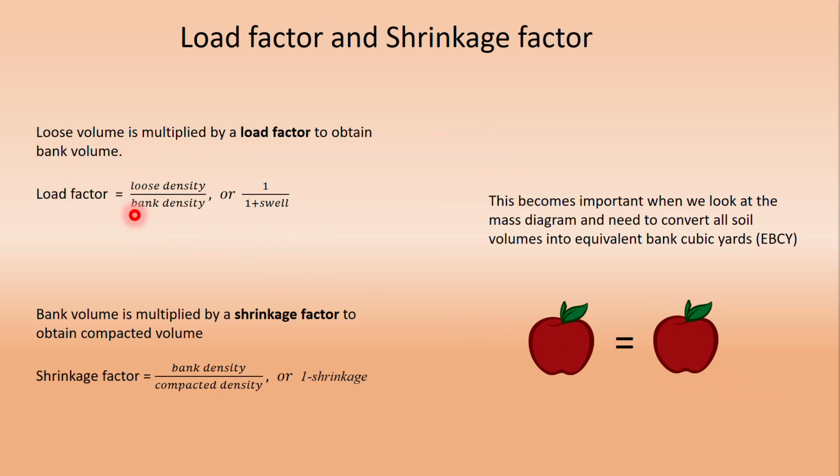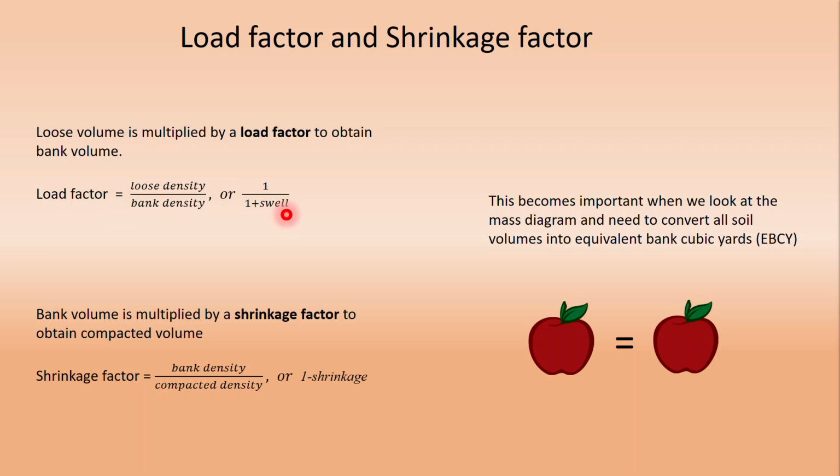Or, because we've already computed your swell percentage, your load factor could be expressed as 1 divided by 1 plus your swell. Swell being your swell percentage, but expressed in decimal terms, no longer percentage terms, right? So take 100 out of that.